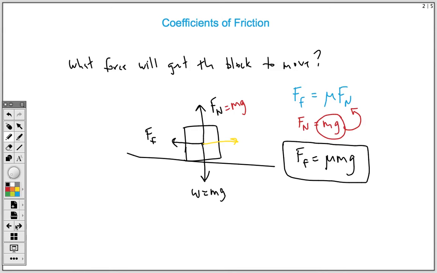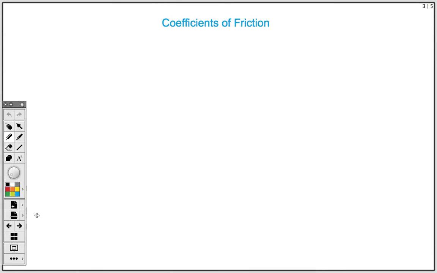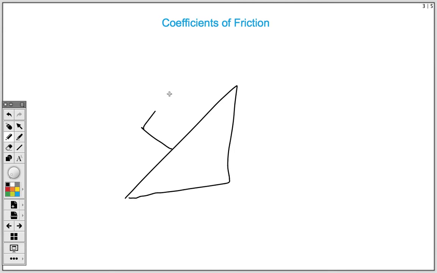Okay, let's do one more example problem. Our typical block on an incline. And let's set some values here first of all. Let's say our mass is 2 kilograms.